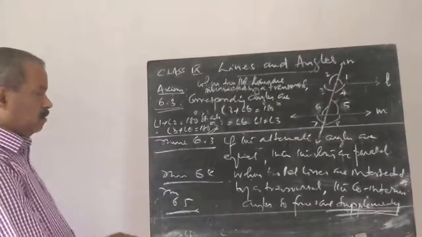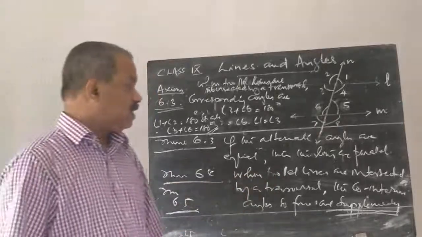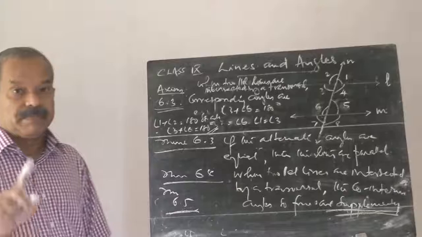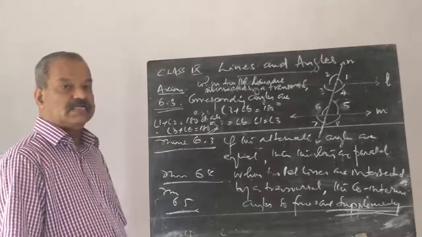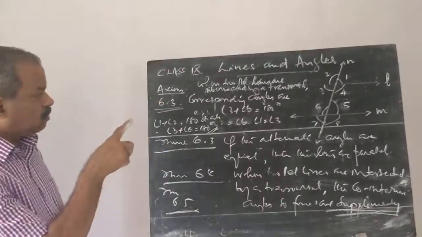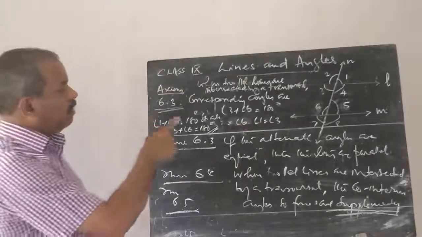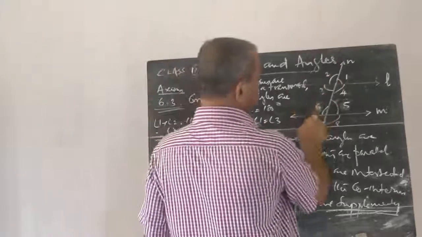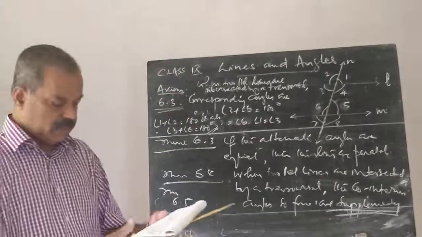In Theorem 6.4, when two parallel lines are intersected by a transversal, the co-interior angles formed are supplementary, not equal. Alternate interior angles are equal, and corresponding angles are also equal, but the co-interior angles are supplementary.